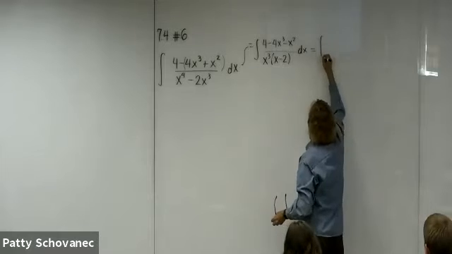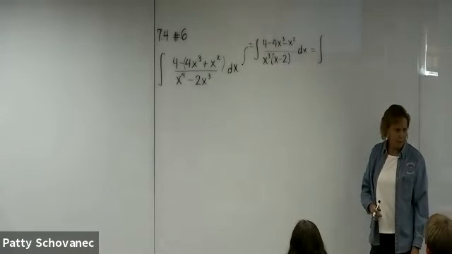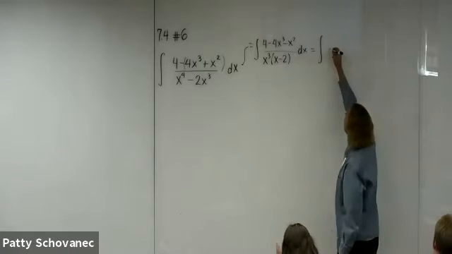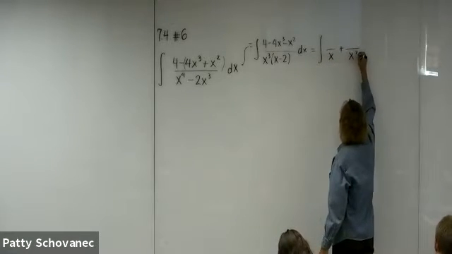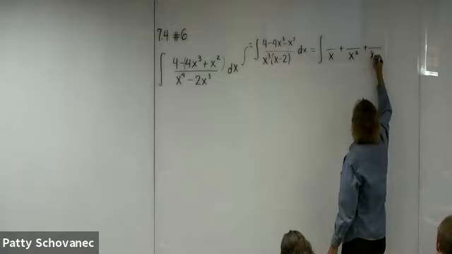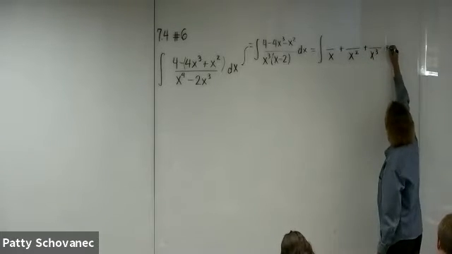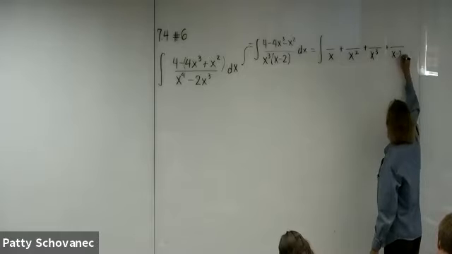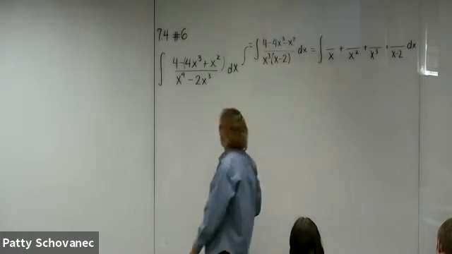So that says we should be able to break this up into how many pieces? 4 pieces. We'll have something over x, something over x squared, then something over x cubed. That's our repeated factor rule. And then we have something over x minus 2. So let's figure out all those things.